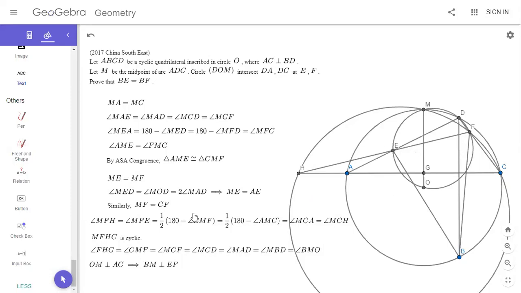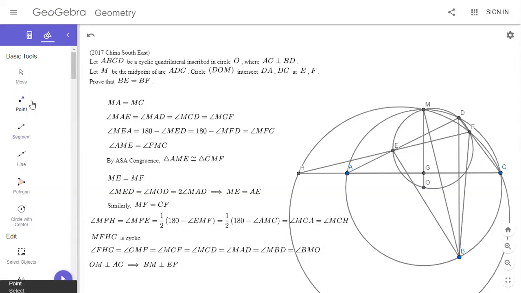So FHC is the angle between EF and AC, and BMO is the angle between BM and MO. So if the angles between them are the same, then if one of them is perpendicular, the other also has to be perpendicular. That's kind of my thought process here. How do you write that out though? I'm not sure, but there has to be a way to write that out.